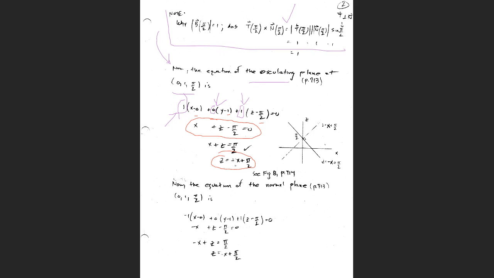And there's a figure, let me see. There's a figure 8 in the book. Yep, figure 8. It's not on page 714, it's on page 713. But don't worry about the page numbers. I'll show you the figure in the book.